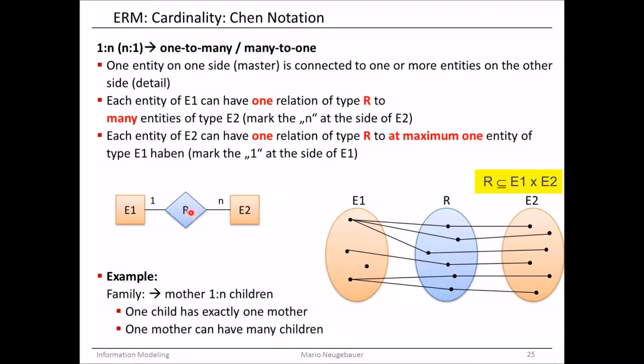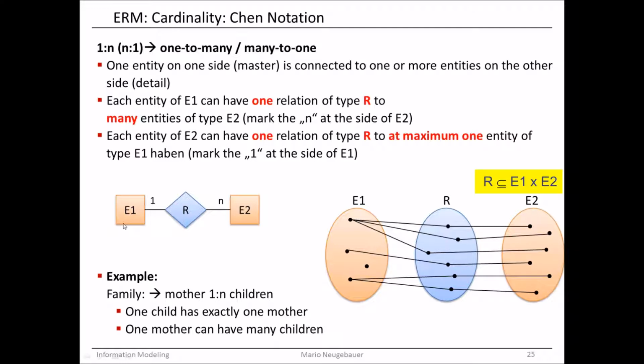The relationship can exist to many of these entities of the entity set E2. Vice versa, take out an entity of the entity set E2, and then watch the relationship. The relationship can exist only to one entity of the entity set E1. Only to one.